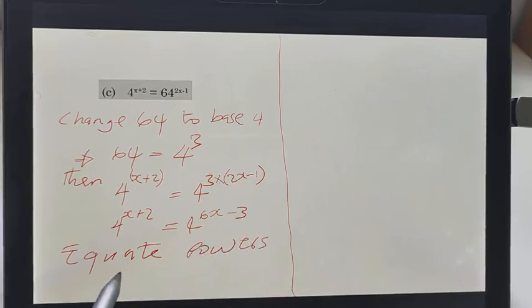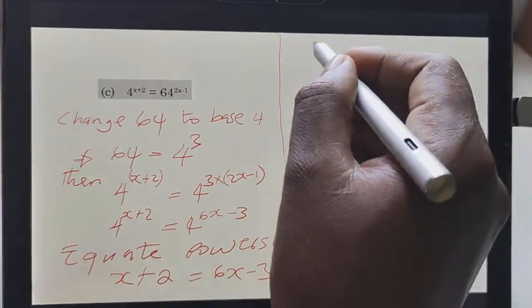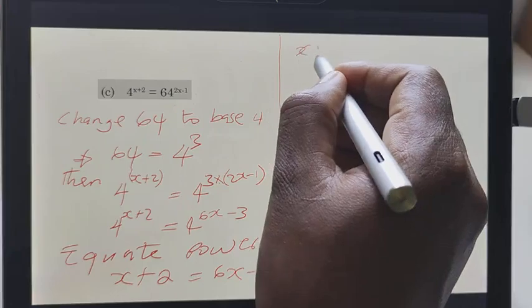Okay, so on the left hand side we have x plus 2. On the right hand side we have 6x minus 3.